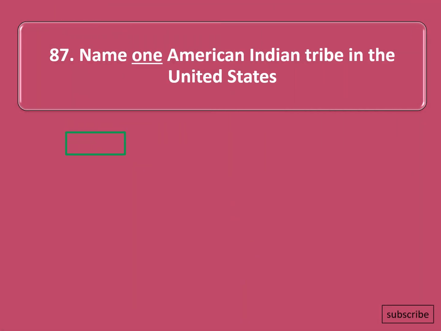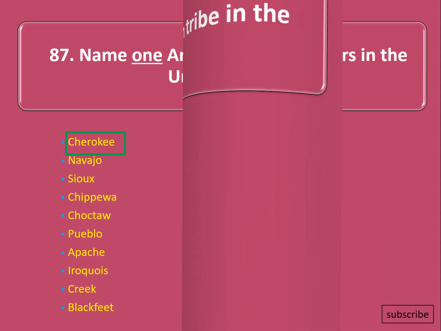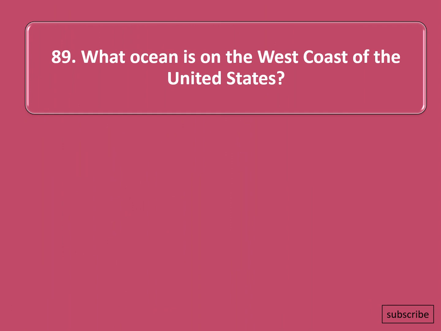Name one American Indian tribe in the United States. Cherokee. Name one of the two longest rivers in the United States. Missouri River. Mississippi River. What ocean is on the west coast of the United States? Pacific Ocean.